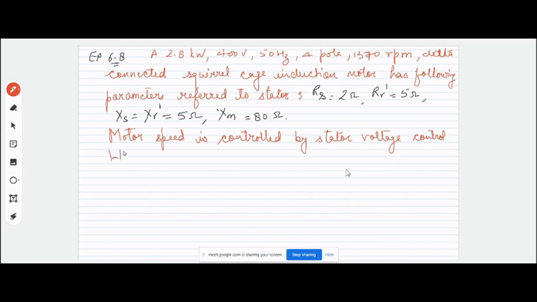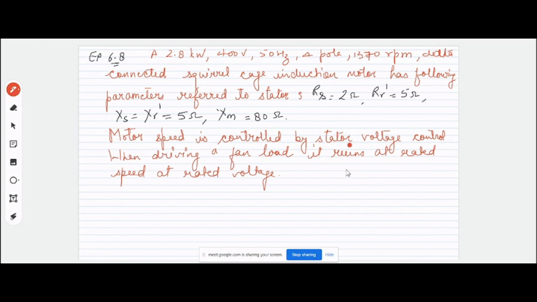When this driving system is driving a fan load, it runs at rated speed at rated voltage. It means when we apply the rated voltage, it will run at rated speed with this fan load, right? So they have given us that this motor is coupled to the fan load, and when we apply the rated voltage, it will run at rated speed.